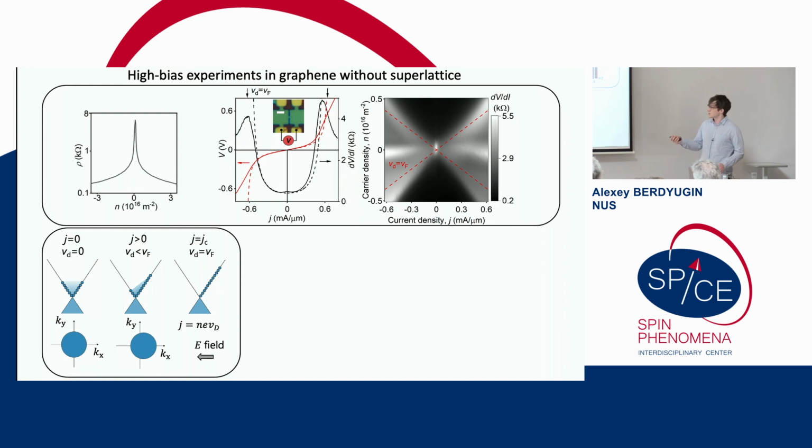That corresponds to quite an unusual situation. The condition that drift velocity equals the Fermi velocity corresponds to the moment when all electrons in your conduction band move in the same direction, and you don't have electrons moving in the opposite direction anymore. Under this condition, we observe the peaks in differential resistivity, which converge to the neutrality point.